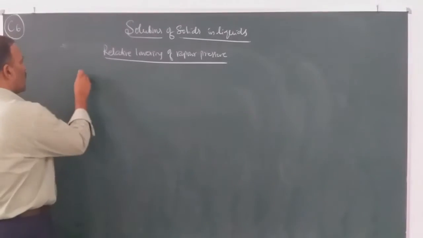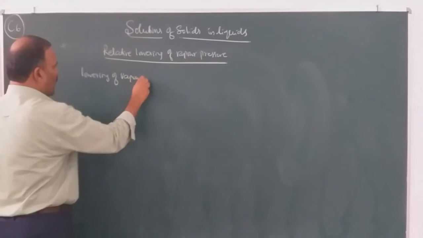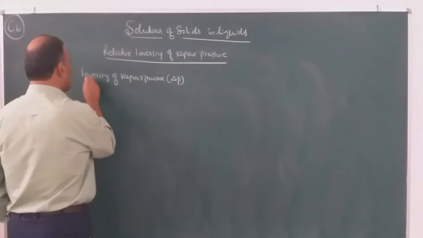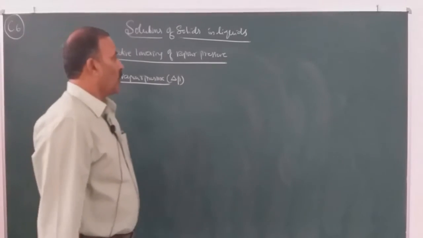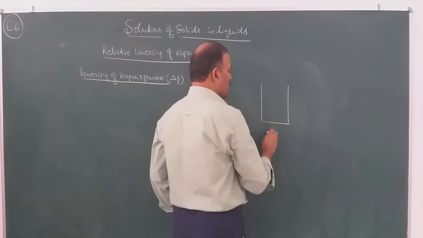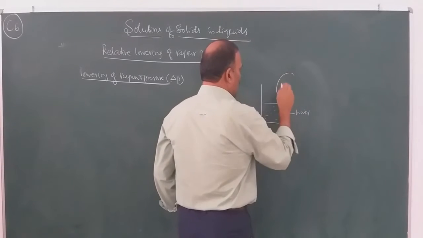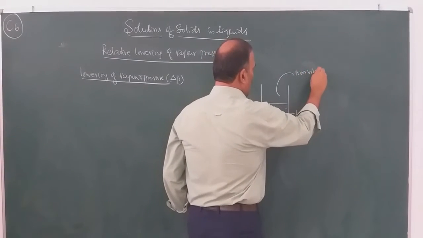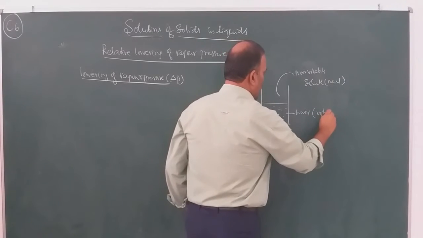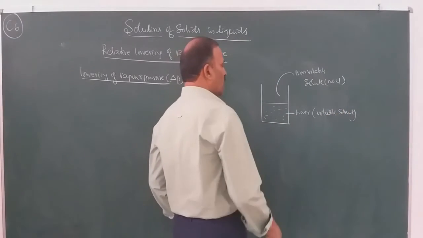Before that, first we will know what is lowering of vapor pressure, that is delta P. When a non-volatile solid solute, for example sodium chloride, is added to water, water is a volatile solvent.